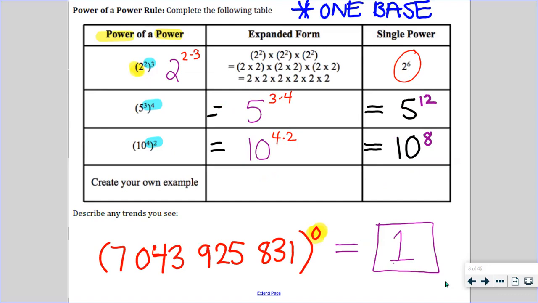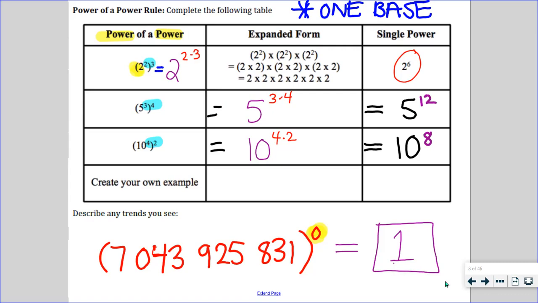And when we have this rule, again, we don't want to use the multiplication sign because multiplication can be easily confused with the variable x. So we want to write this out as 5 to the power of 3 times 4, 2 to the power of 2 times 3, 10 to the power of 4 times 2. So for a power of a power rule, we keep the base the same and multiply our exponents.